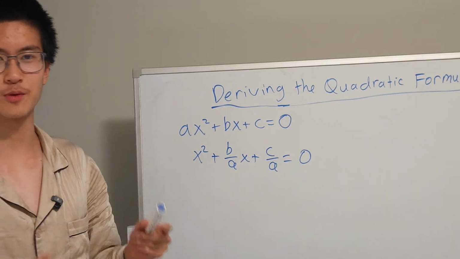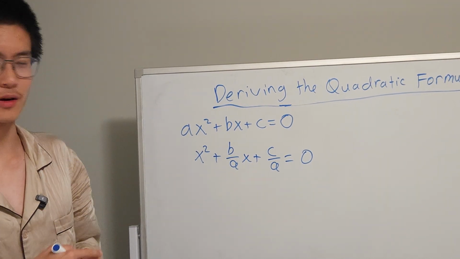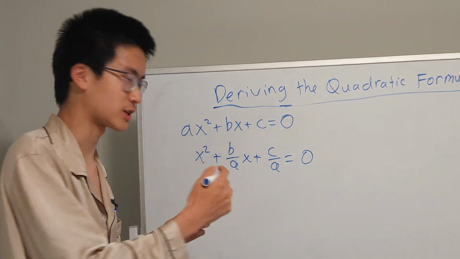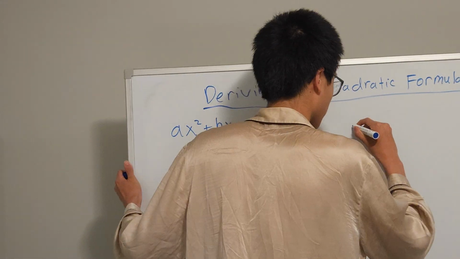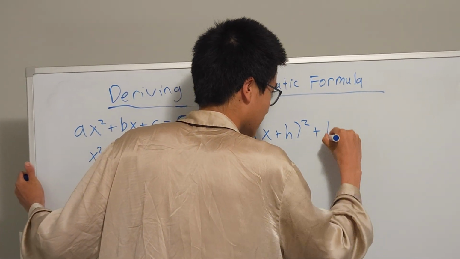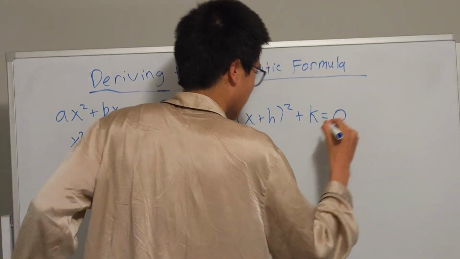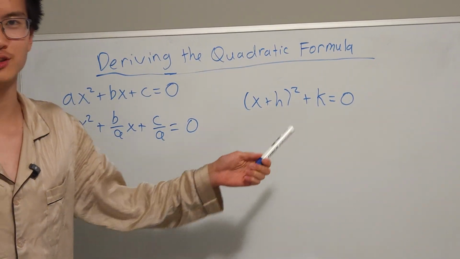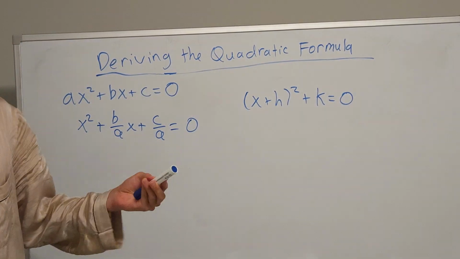Now, completing the square. To complete the square, we're going to write this expression in this form: x plus h squared plus k equals 0, and h and k are variables to be determined in terms of a, b, and c.